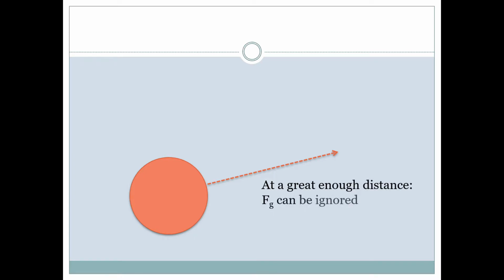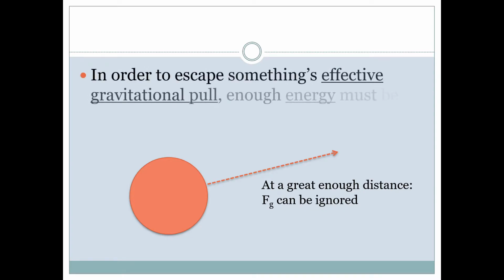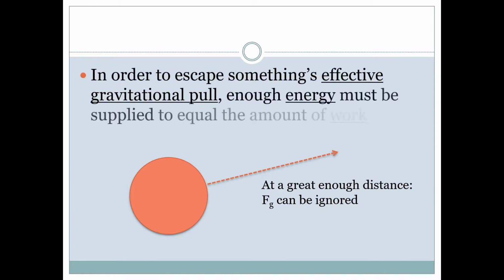Now, what this basically means is that if I want to escape something's gravitational pull, I have to drag it far enough away that the force of gravity can be ignored. Okay.